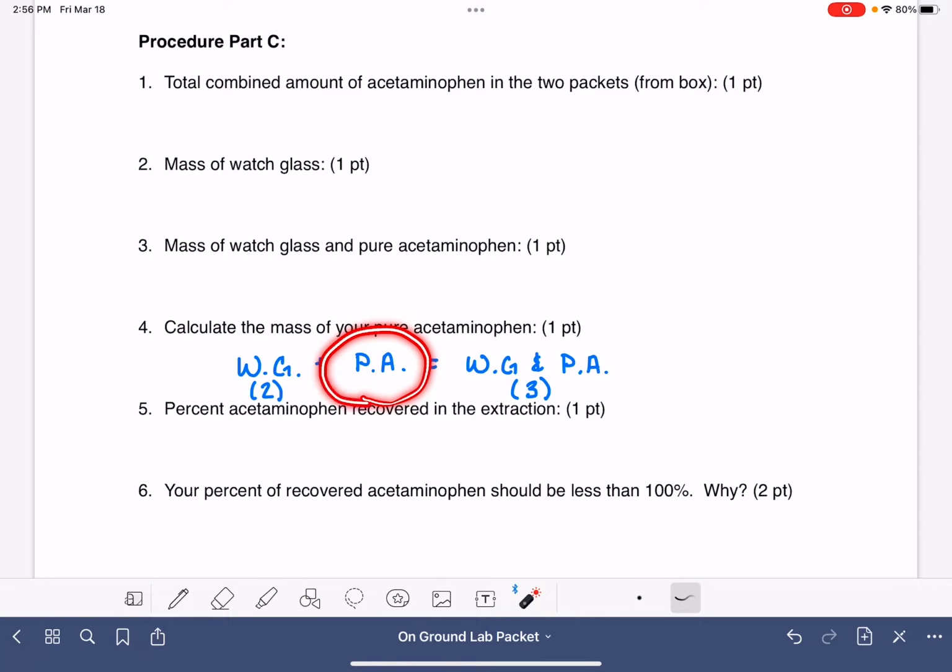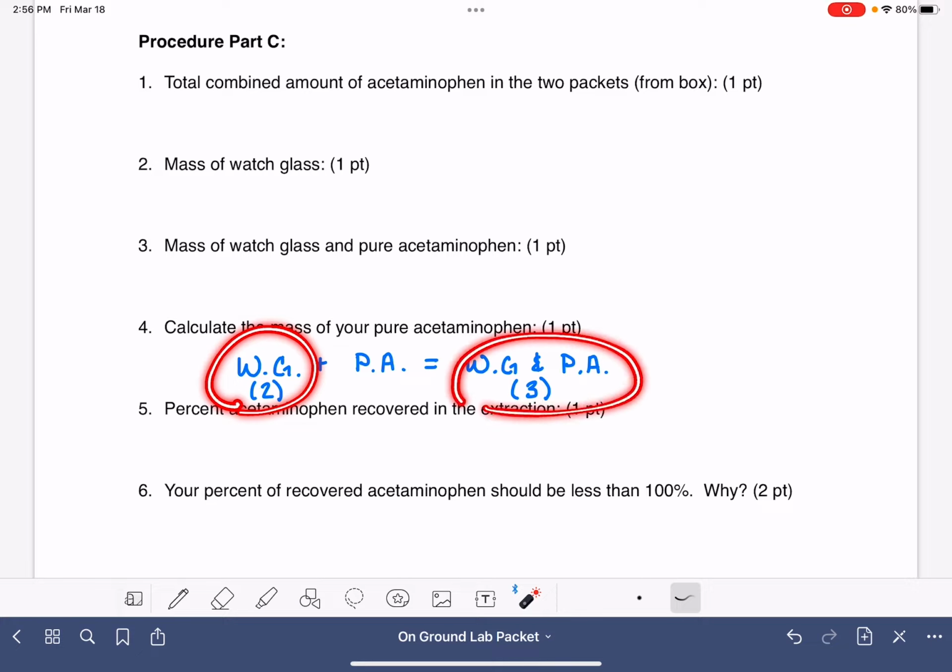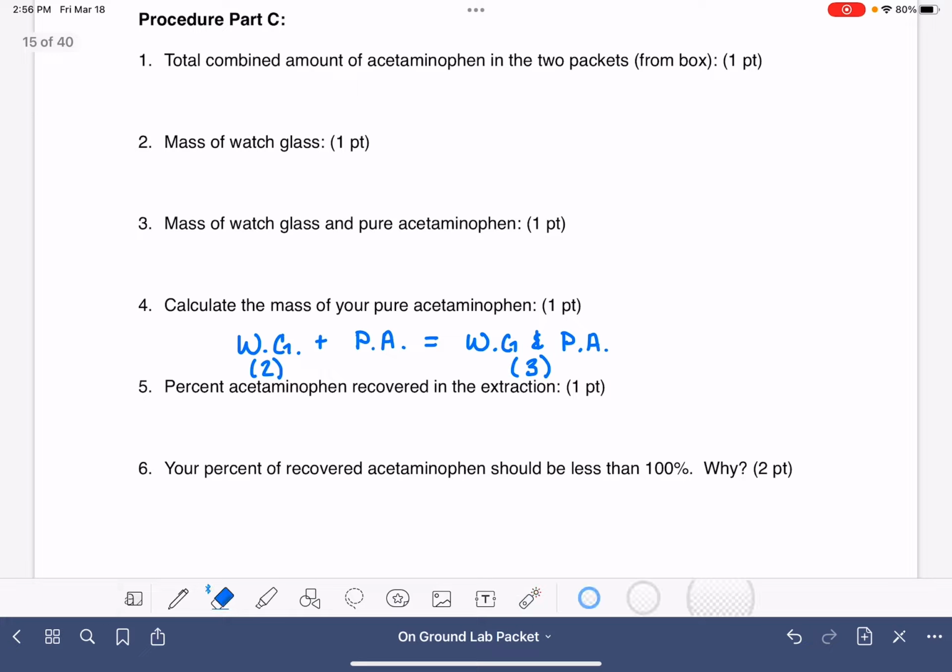So this is your unknown, and this is what you need to solve for. You know this number, and you know this number. You figure out this number. It should be easy. Then you're going to report or calculate the percent acetaminophen that you recovered in the extraction.